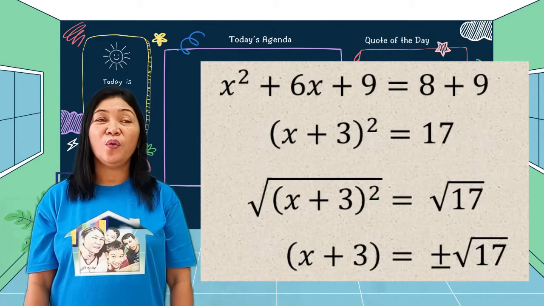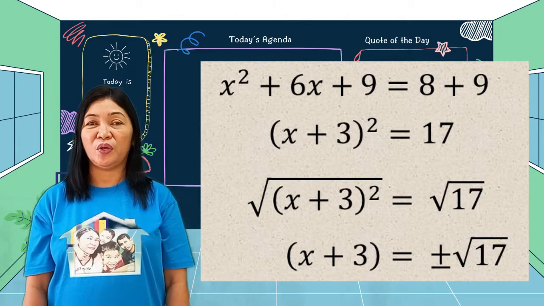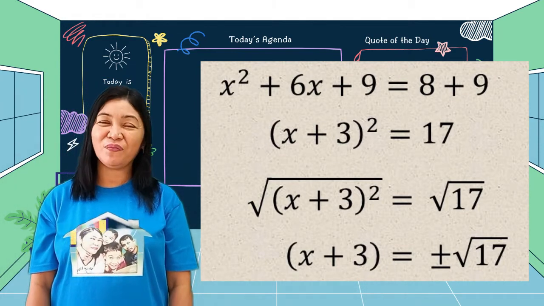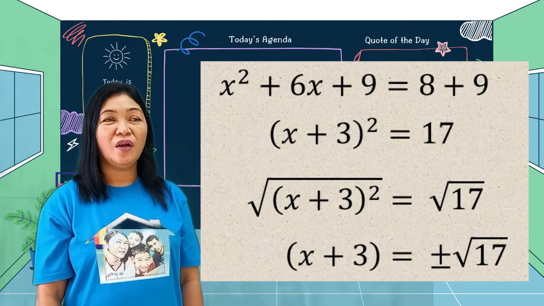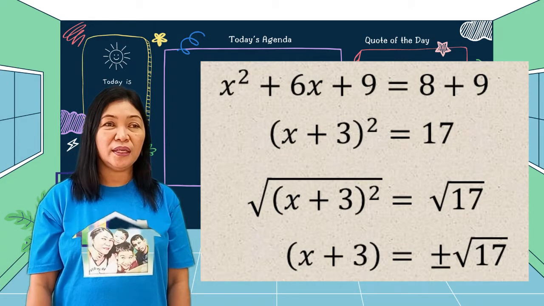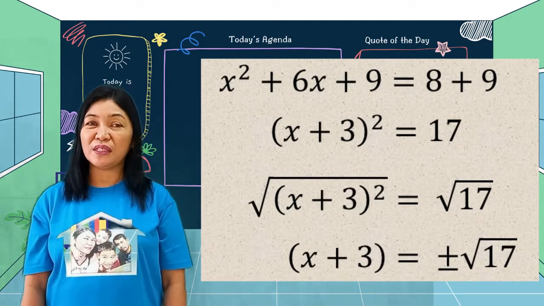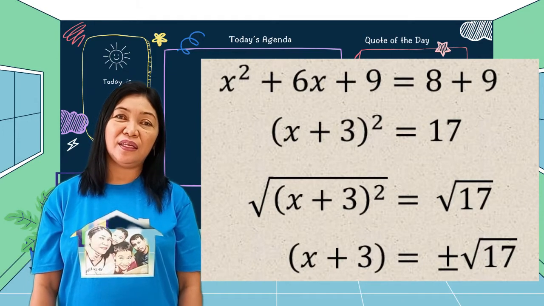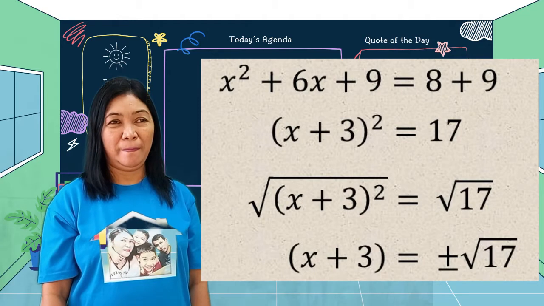Next, we extract the square roots of both sides, giving us the equation x plus 3 equals positive or negative square root of 17. We are now ready to solve for the variable. One is x plus 3 taking the positive square root of 17, while the other is x plus 3 taking the negative square root of 17.